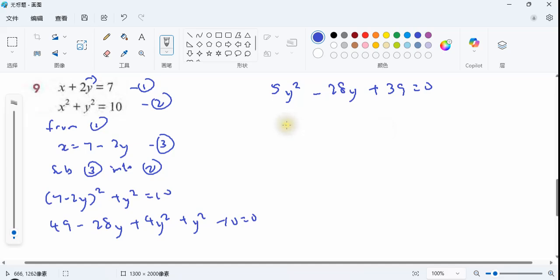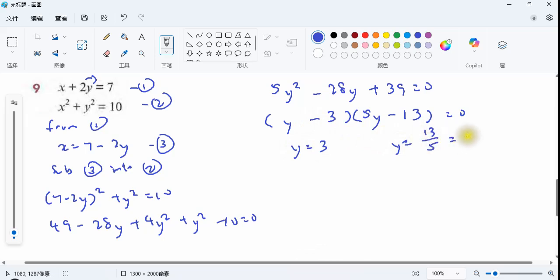Okay, so we do the factorization. Then we have the y and the 5y, and then we have the 3 times 13, 15 minus 15 minus 13 minus 28, y equal to 3, y equal to 13 over 5, which is 2.6.